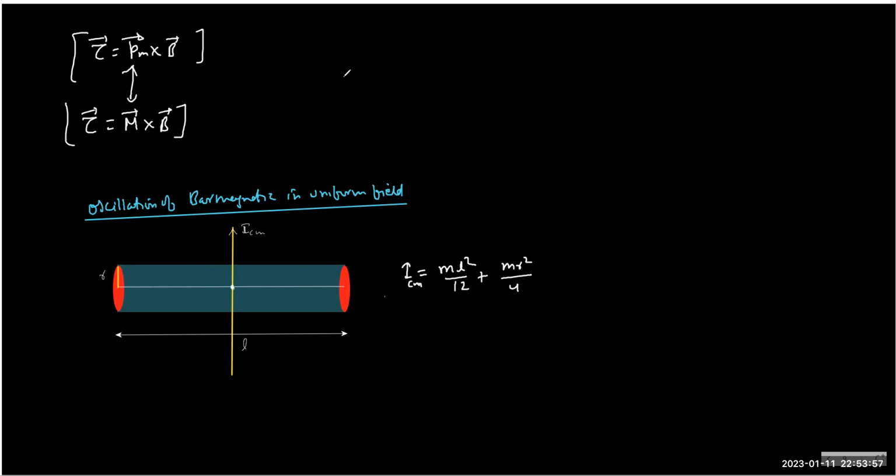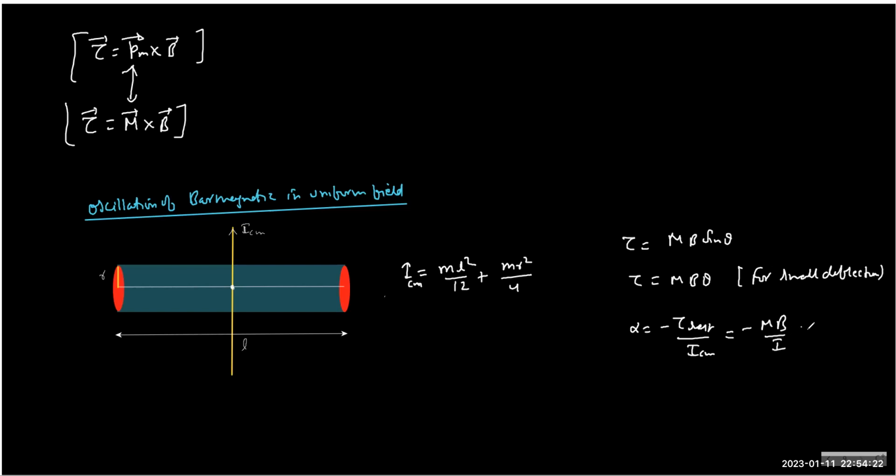Oscillation will have the same formula. So we know torque equals to mB sin theta. So for a small oscillation, for a small deflection, therefore we can say alpha equals to minus restoring torque upon moment of inertia about center of mass. Therefore it is mB by I into theta.